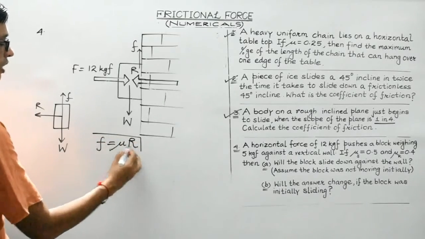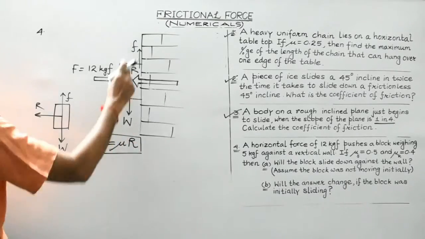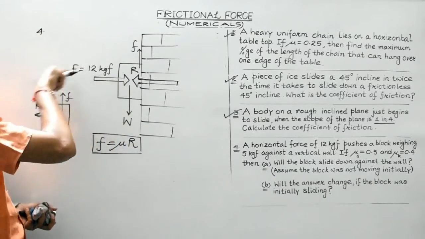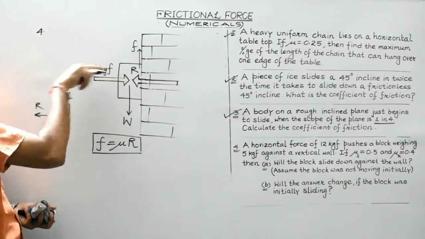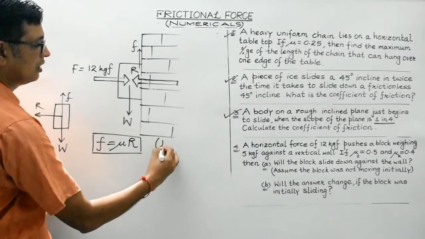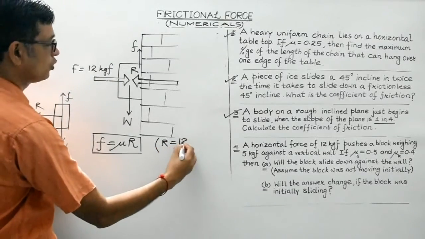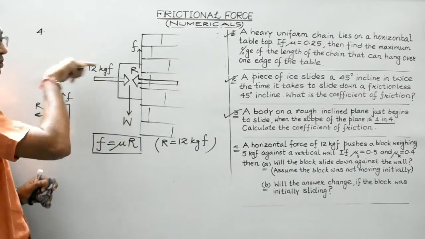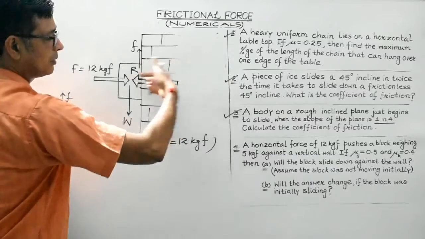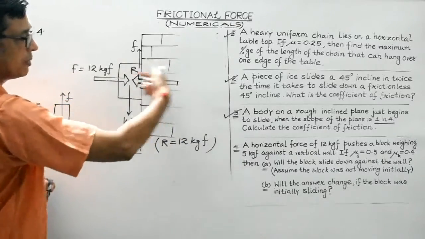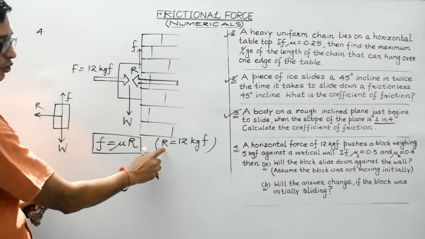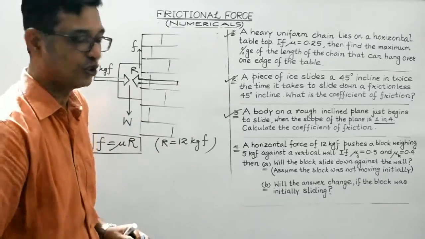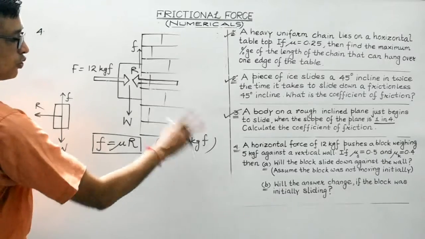Obviously the normal reaction is not equal to the weight; it is equal to the applied force along the horizontal direction. Here R is equal to 12 kgf. This horizontal force may be considered to be the action, and the force exerted by the wall on the block may be considered the reaction force. So the reaction force would be equal in magnitude to the action force, right? So here the reaction force is 12 kgf.